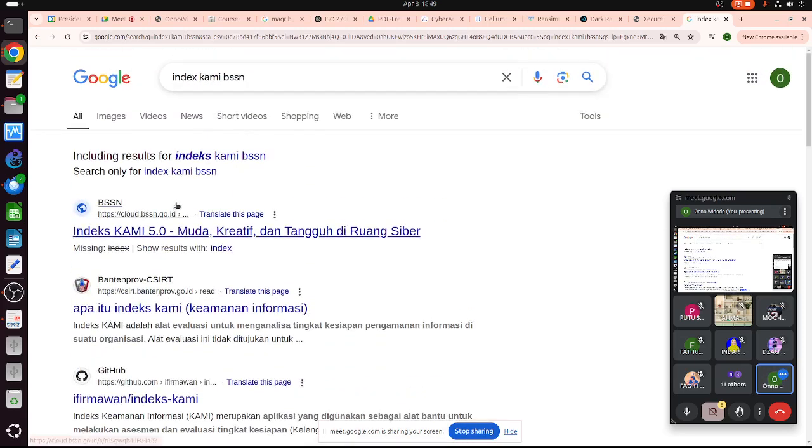Okay, this one. I have to use more of this kind of keyword. Index Kami BSSN, this one. It is an Excel file. It's very intuitive. Make sure your organization can fill the required documents from the Kami index. How come it's so slow? Okay.